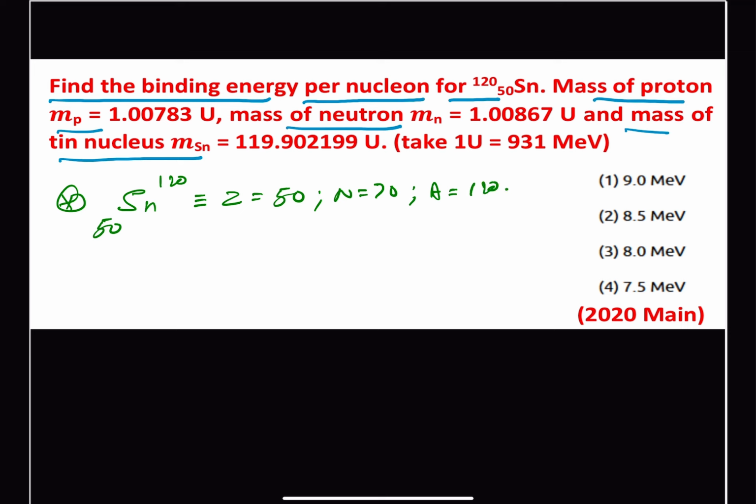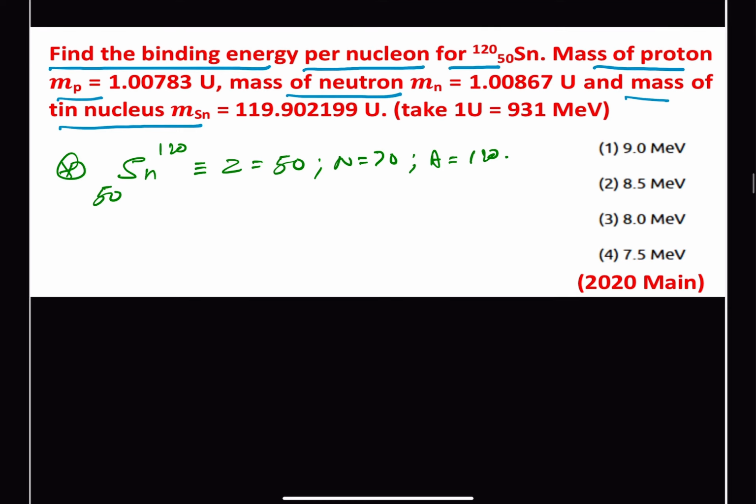And we have to find out the binding energy. So for that we are going to use our mass defect. And first of all, let us find out with respect to the nucleon masses.